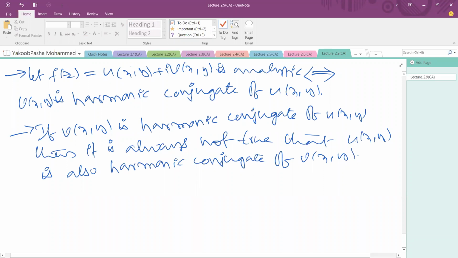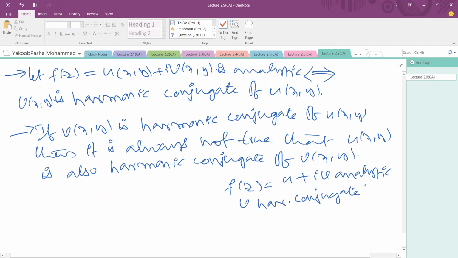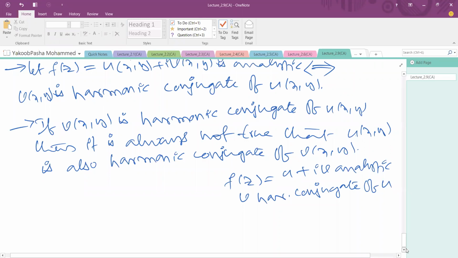Whenever we say harmonic conjugate, actually the function is f of z is equal to u plus iv. It is analytic. In this case, v is harmonic conjugate of u. This is actually the original definition.